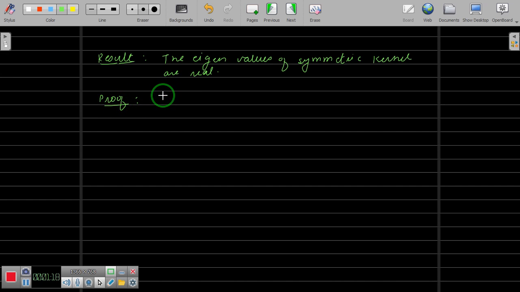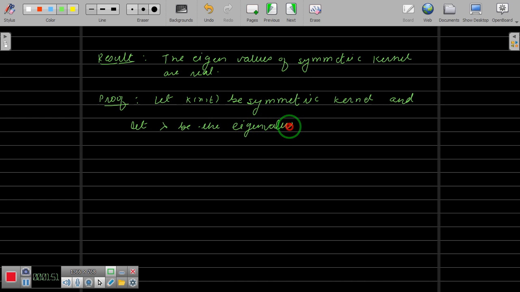Now let us take our symmetric kernel. So let k x comma t be symmetric kernel, and let lambda be the eigenvalue of the kernel k.